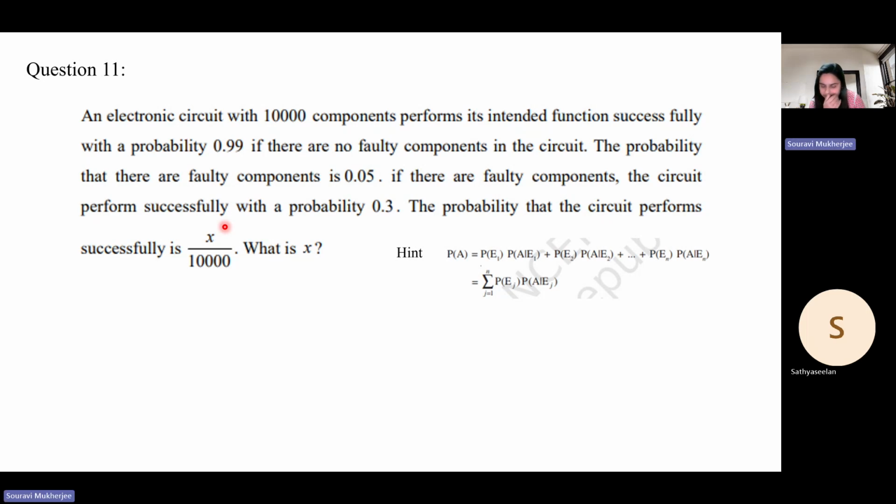That's your A. So what could be E1 and E2? E1 and E2 could be the two cases where either the components are not faulty or they're faulty. So now based on that, try to solve the question.